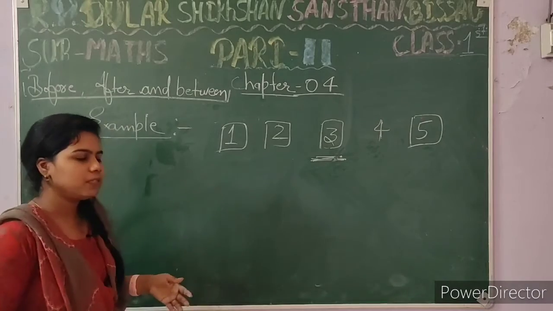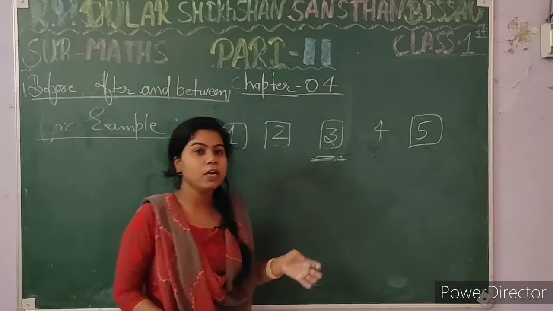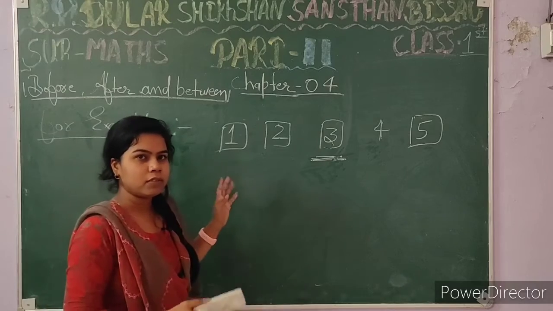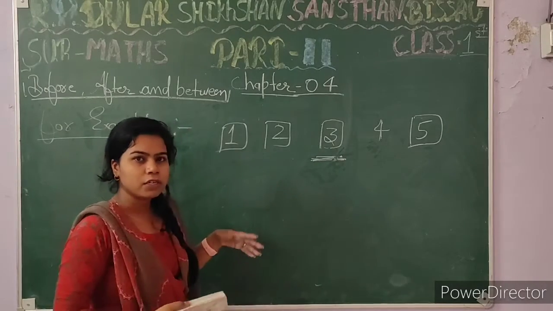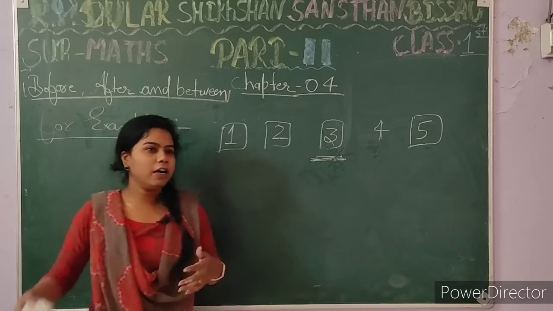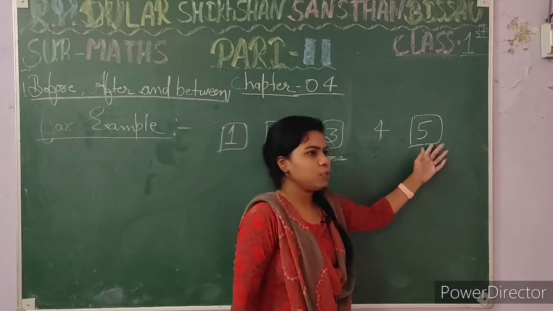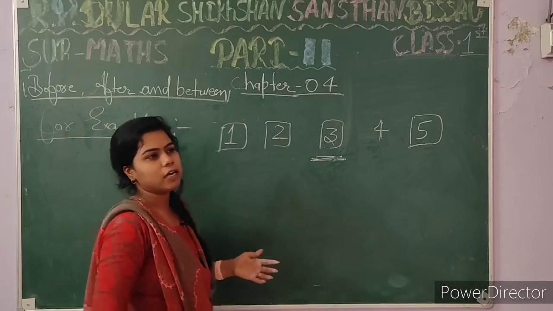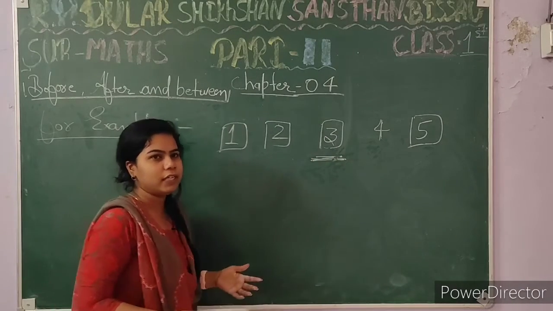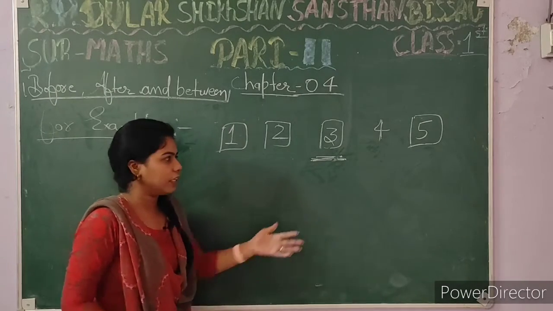Okay students, always remember the meaning of before and after, and how we use them. Before means reverse, reverse counting also. If we have any number, then we write the reverse number. And what is the meaning of after? After means upwards counting, forward counting, as we can write here.